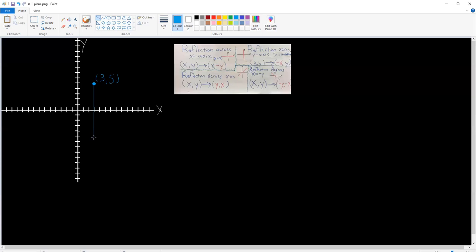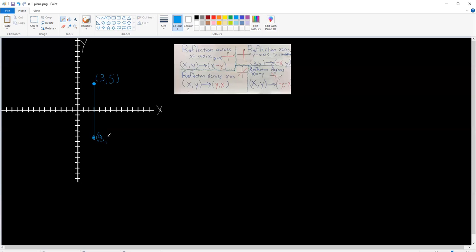Now it's back out to 5 units, 1, 2, 3, 4, 5, on the other side. So the x value is still 3, the same distance from the y-axis and still positive.